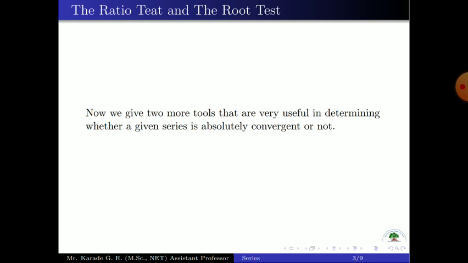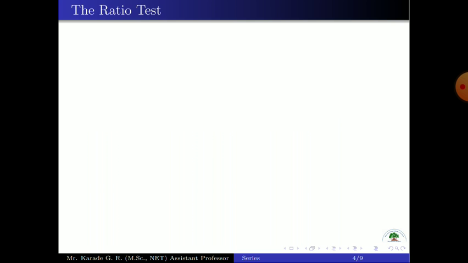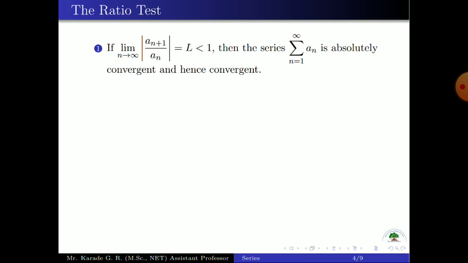Now we give two more tools that are very useful in determining whether a given series is absolutely convergent or not, and these two tools are the ratio test and the root test. So first of all we study the ratio test. What is the test?